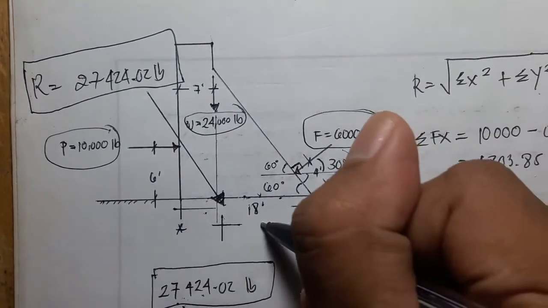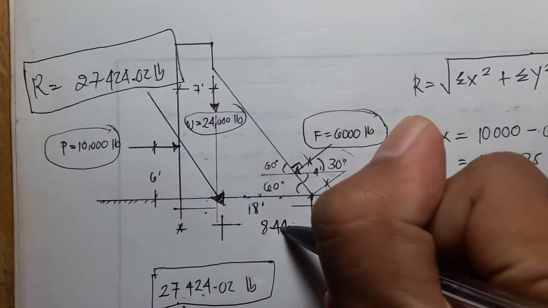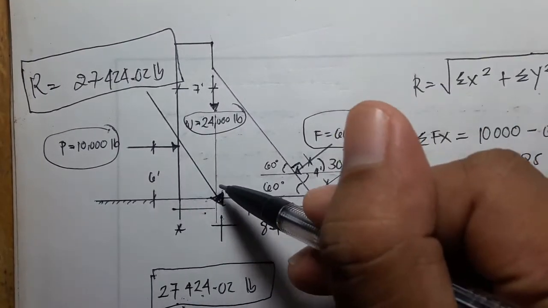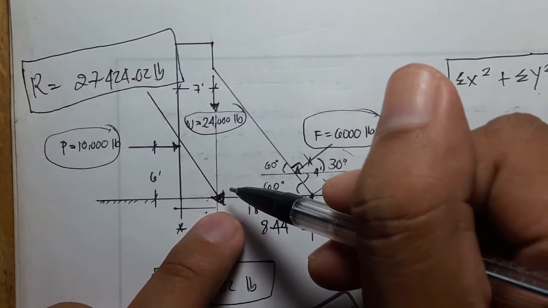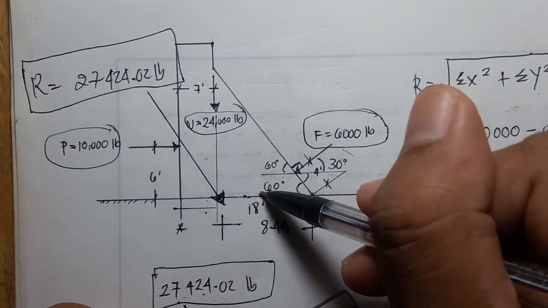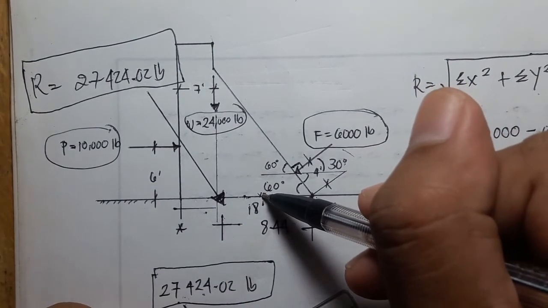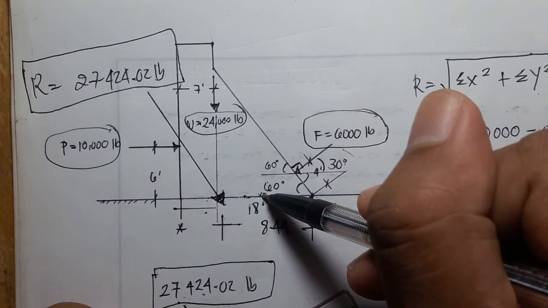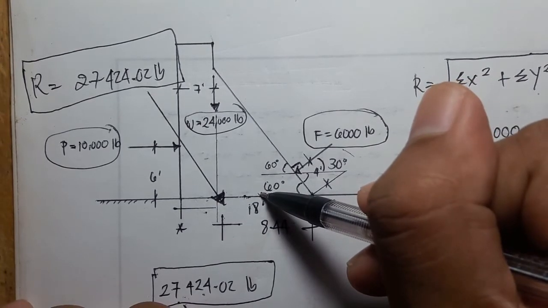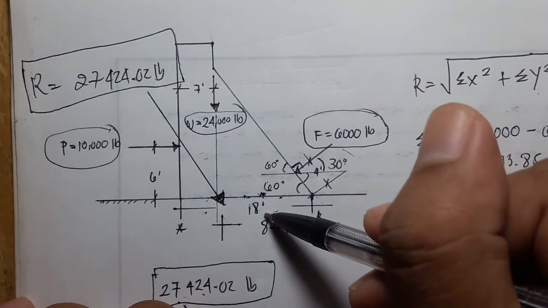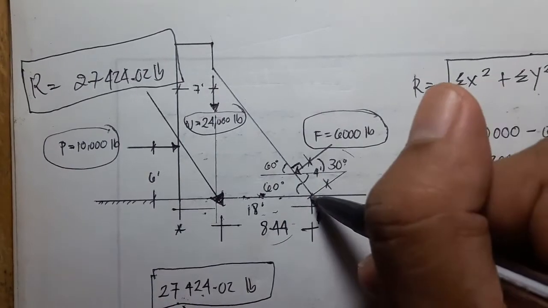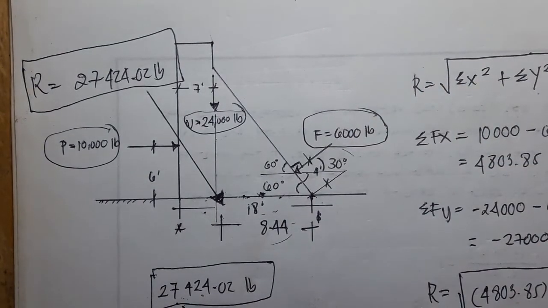So our answer is 8.44. My estimation is wrong, maybe somewhere here, the location of our resultant. Because it is 8.44 to the left of B.